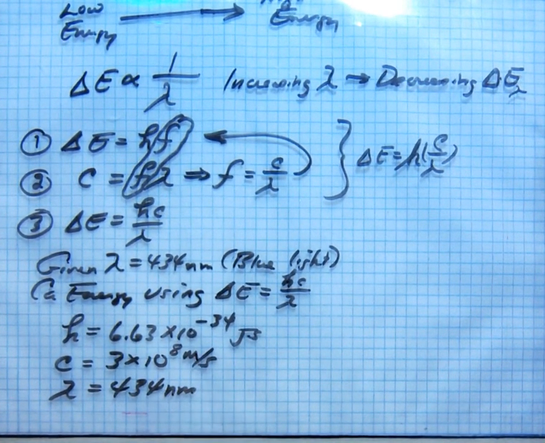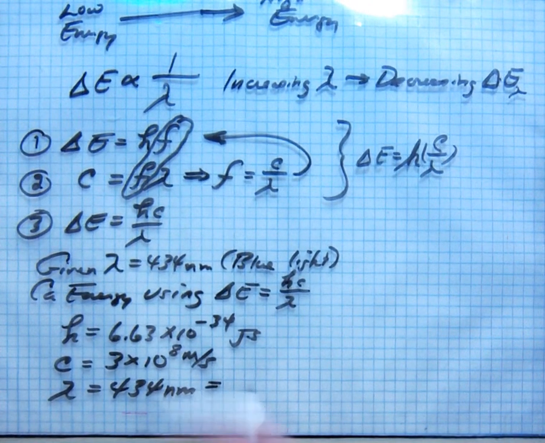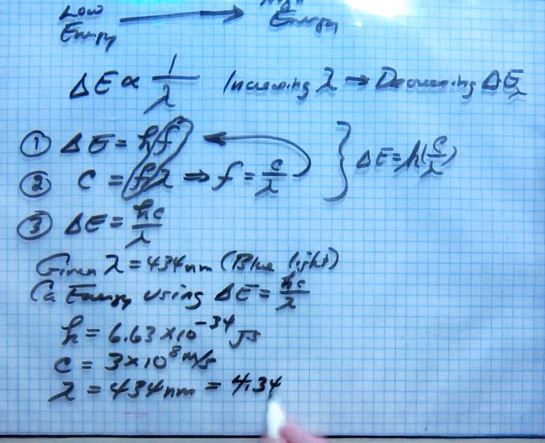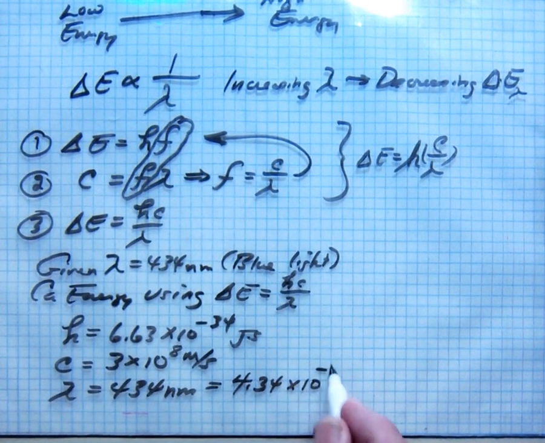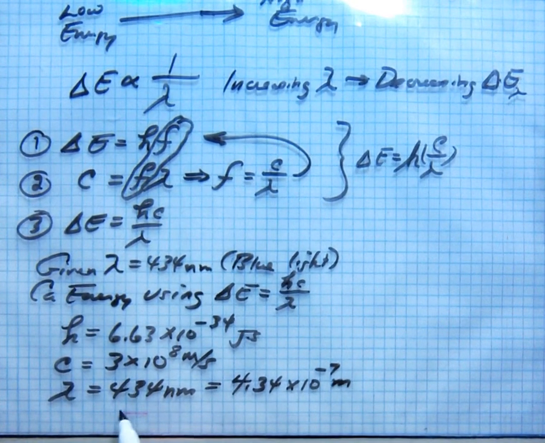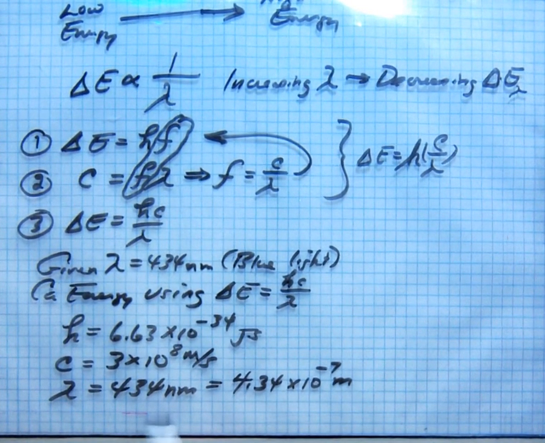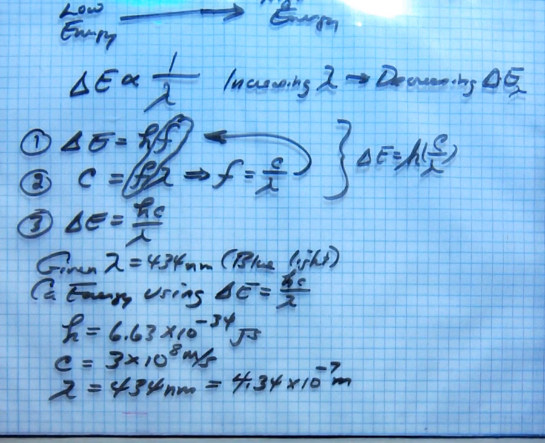Well, you can calculate in terms of nanometers, but right now it's easier to go with meters on the wavelength, so 4.34 times 10 to the minus 7th of a meter. Everybody follow me on this one? I showed you earlier, it's given in nanometers. Just move the decimal 2 places to the left, 10 to the minus 7 meters.